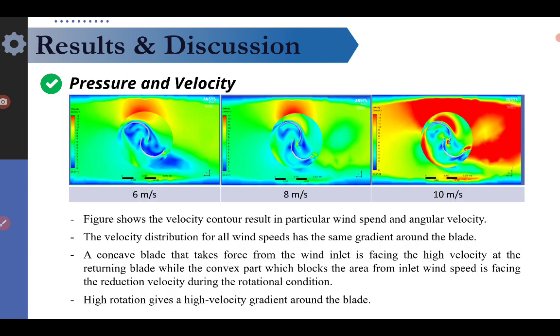For the pressure and the velocity, the concave blade that takes force from the wind inlet faces high velocity at the returning blade, while the convex part, which blocks the area from the inlet wind speed, faces a reduction of velocity during the rotational condition of the blade. Here we can see the results for wind speeds of 6 meters per second, 8 meters per second, and 10 meters per second.